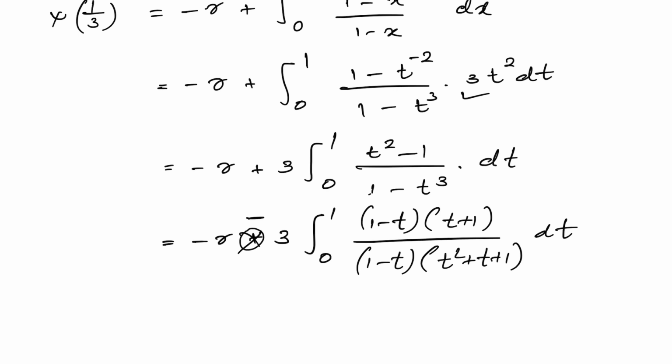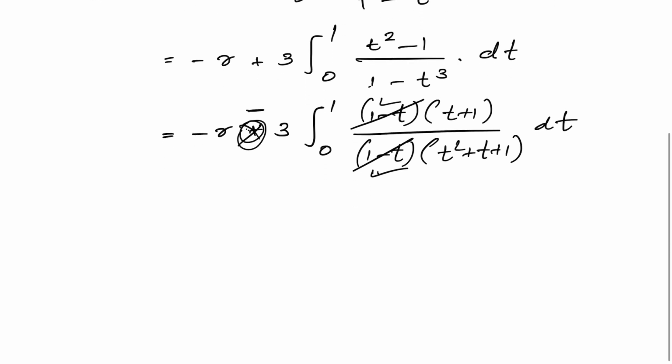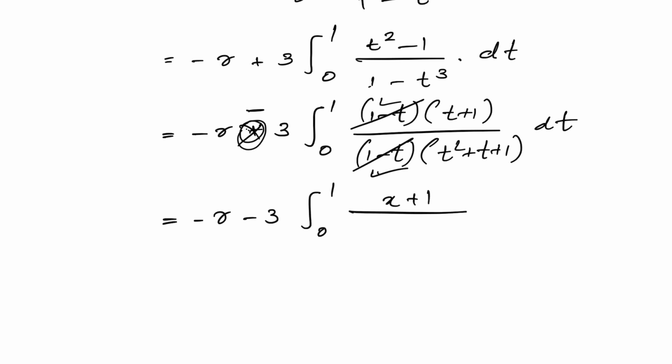I changed this to a minus sign because here 1 minus t, here 1 minus t, and the 1 minus t get cancelled. Then we know the definite integral is independent of the variable. So instead of t, now we can use x. So minus gamma minus 3 times the integral from 0 to 1 of (x plus 1) over (x squared plus x plus 1) dx.